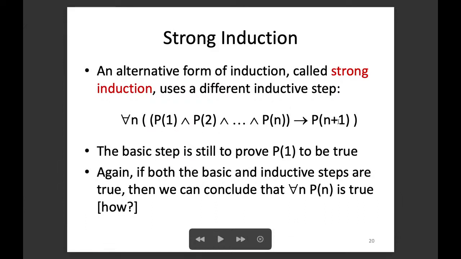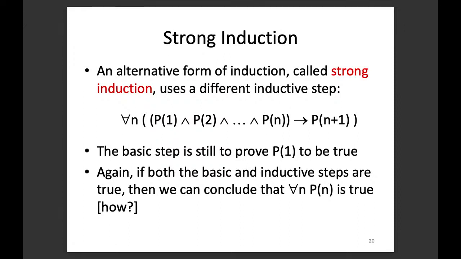Then P1, P2, P3 are true, so we can apply this again and show P4 is true. So by showing P1 is true and this statement, for every n, Pn has to be true.